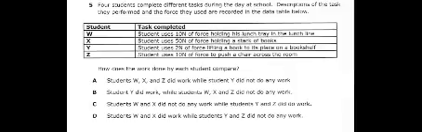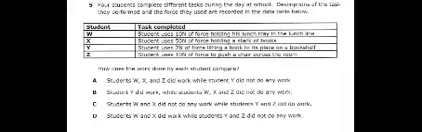Number 5. 4 students complete different tasks during the day at school. Descriptions of the tasks they performed and the force they used are recorded in the data table below. Student W, task completed: student uses 10 newtons of force holding his lunch tray in the lunch line. Student X: student uses 50 newtons of force holding a stack of books.